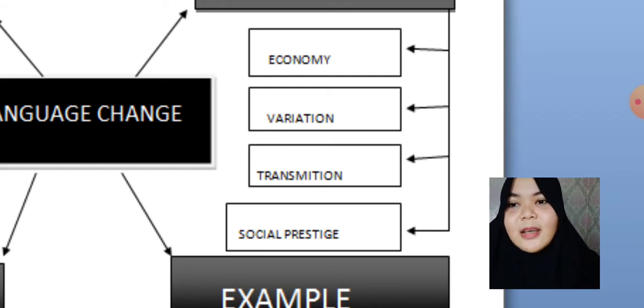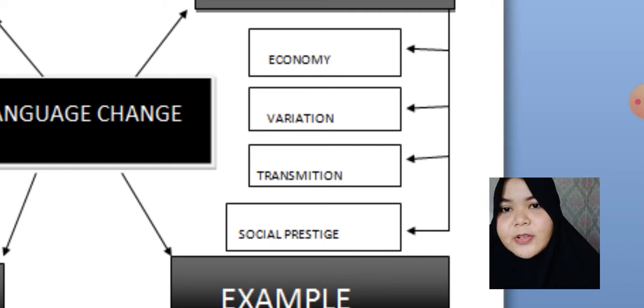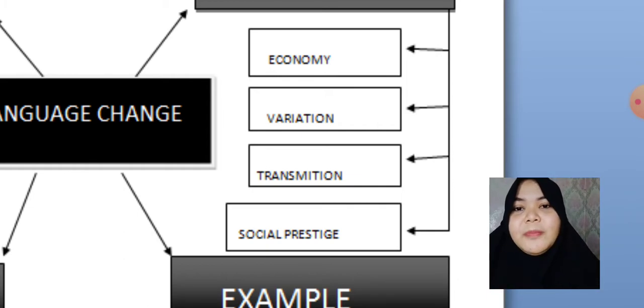So that happens. The imperfect delivery from one generation to the other causes a new change of language.